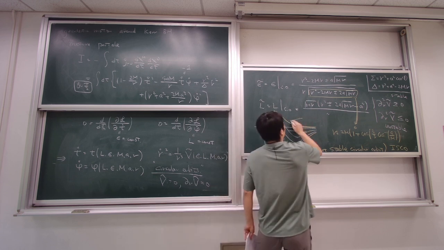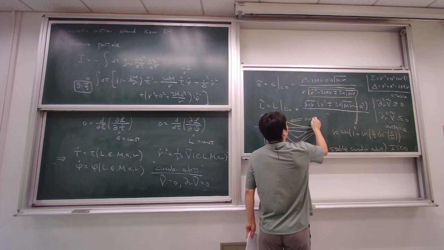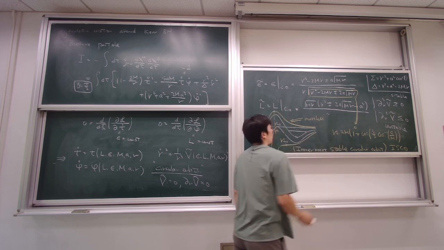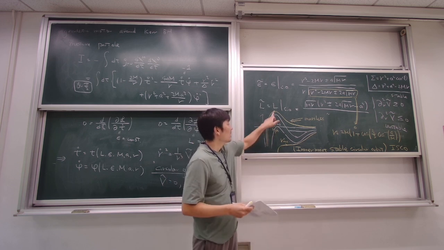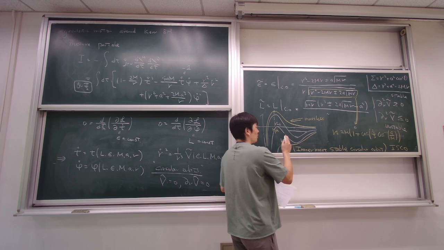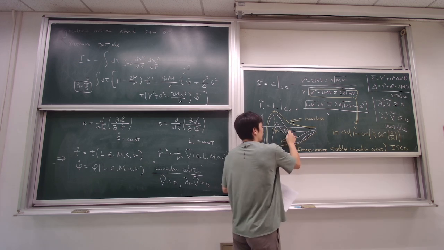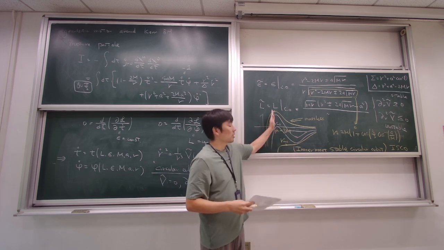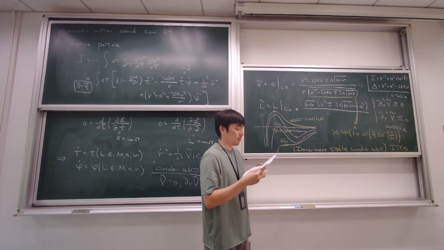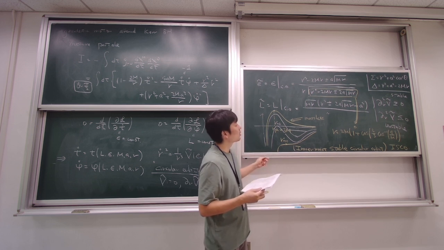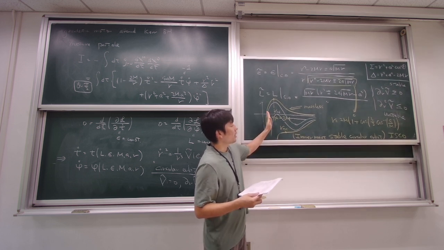This is the massless case, the massless particle orbit. So you just do the analysis. This is the homework. And this r_ph in Schwarzschild, I just gave you the answer last time, becomes 3m. So this is called the unstable photon circular orbit.